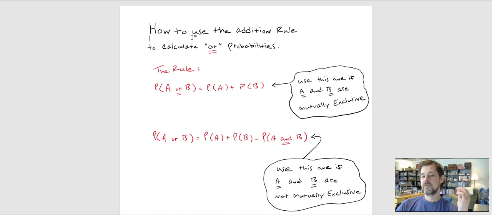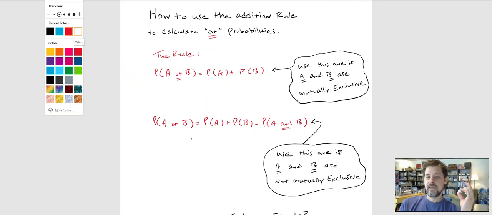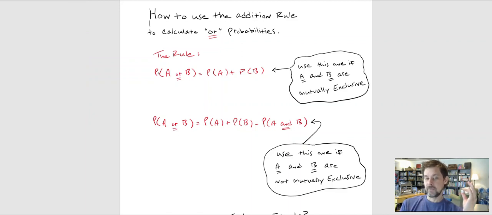Okay, so let's talk about it this way. There's something called the addition rule in statistics, and we'll use it to calculate "or" probabilities like I was suggesting. Here's the way that the rule works out. Say there's a verbal statement, and it says that we want to calculate the probability of A or B, whatever that thing I just showed you was, rolling a number less than 4 or an even number.